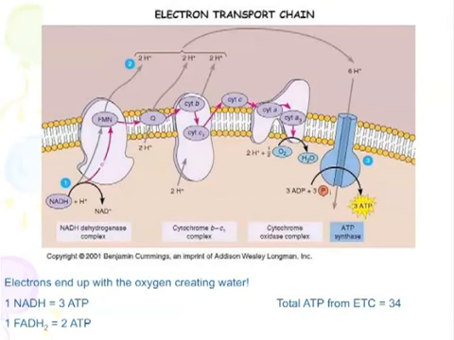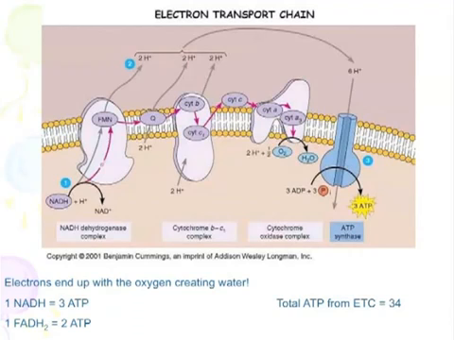You'll also notice that at the very end is where oxygen is actually used, because if you hadn't realized, oxygen hadn't been used yet. So oxygen is what's known as the final electron acceptor, and it takes the electrons out of the cytochromes, combines with the hydrogen ions, and produces water.